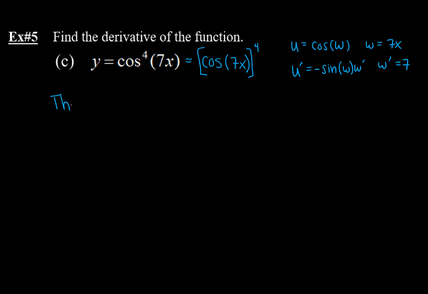So we're going to think about it as u to the 4. Okay, we're going to think of it as u to the 4. And then remember, when I take the derivative of u to the 4, what am I going to get? 4 times u, reduce the power by 1, and then multiply it by u prime. Well, let's do that.